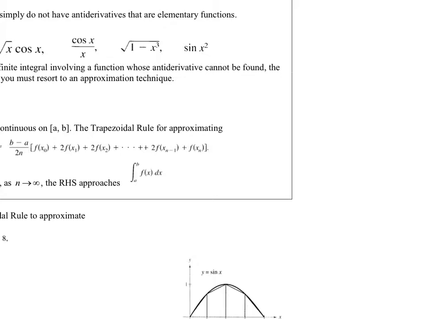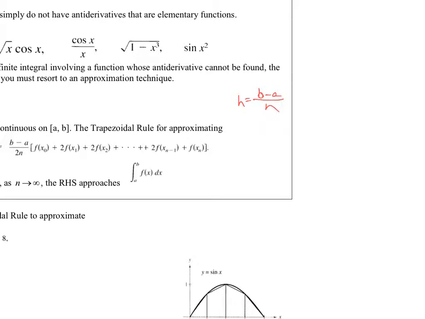Well, the b minus a over n is what we had in the rectangles. That's how we got equal widths, okay? And each of these trapezoids is going to have equal heights in this case. All right, so the height is b minus a over n.